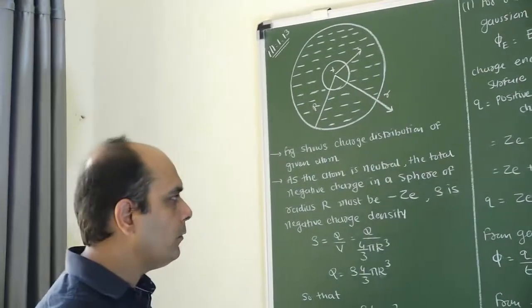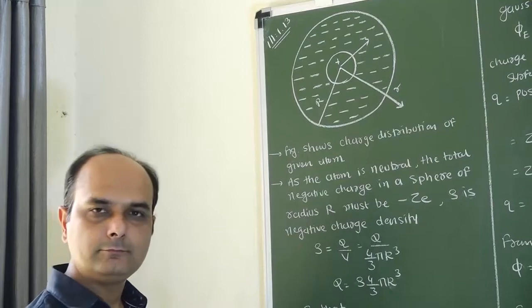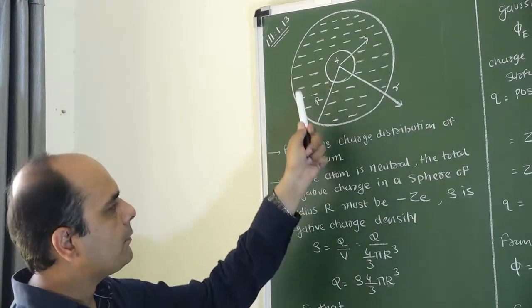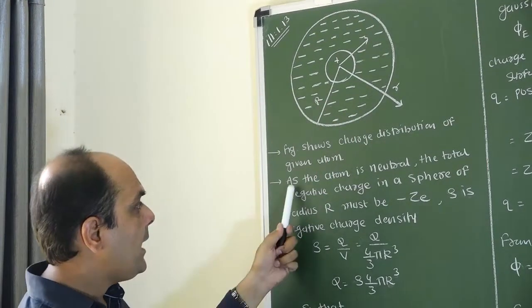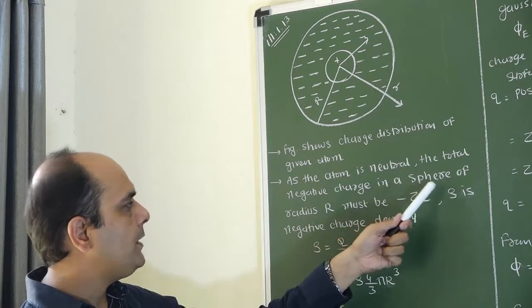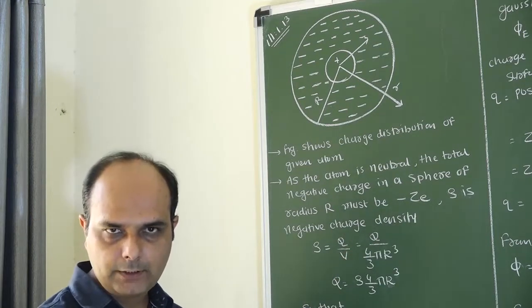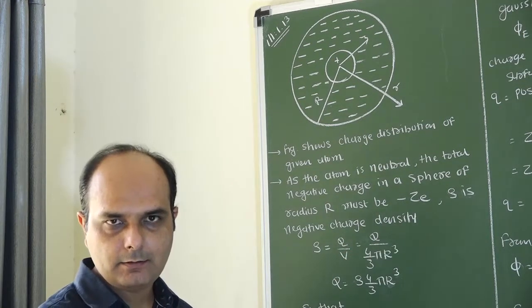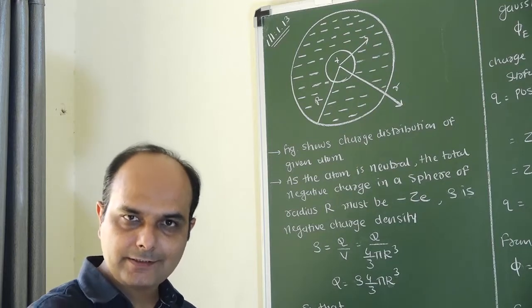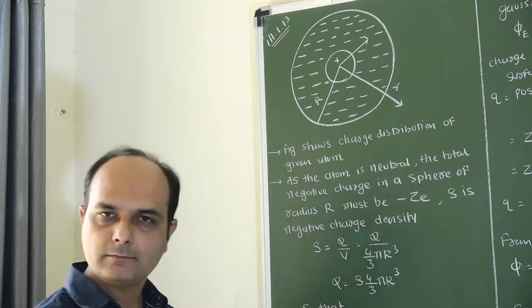Now start. The figure shows the charge distribution of the given atom. As the atom is neutral, the total negative charge in a sphere of radius capital R must be minus Ze. We place the minus sign because it is a negative charge, where rho is the negative charge density.